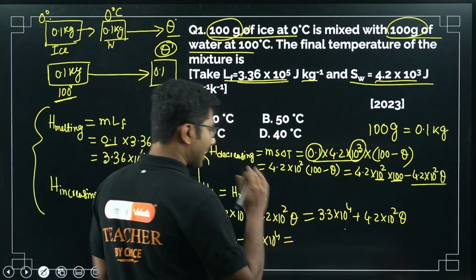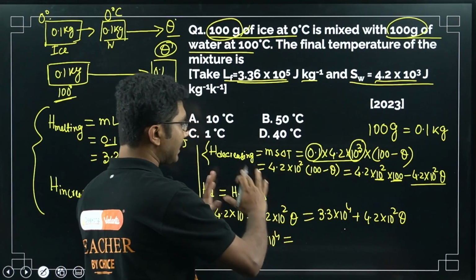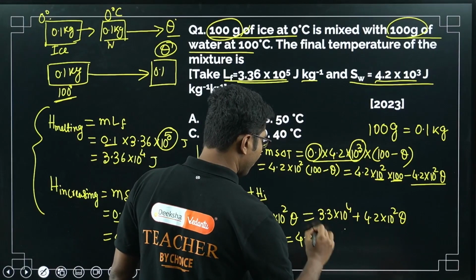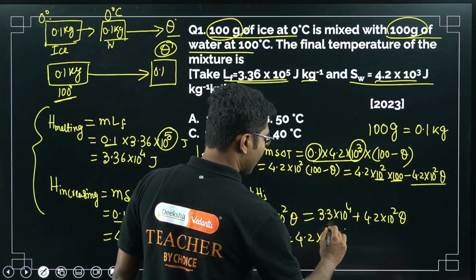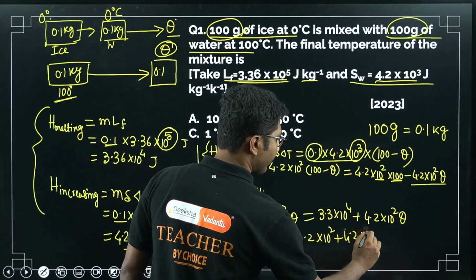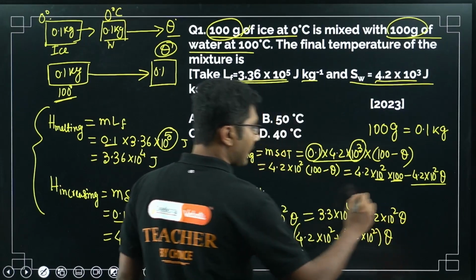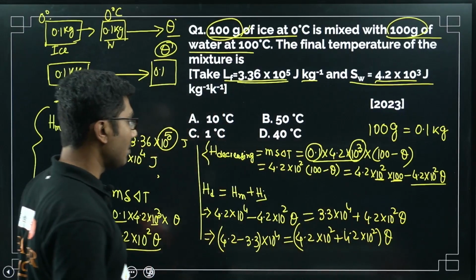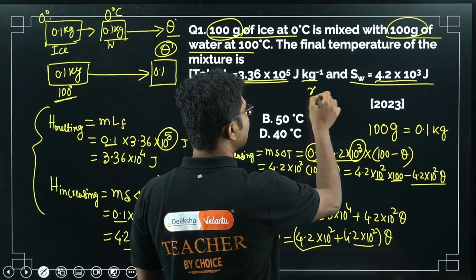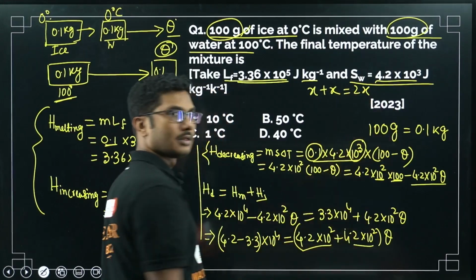And we have taken all the theta related terms to the other side. So this one was negative on this side. So if you take this on the other side, it will become positive. So 4.2 times 10 square plus 4.2 times 10 square whole times theta, right? Theta we have taken common. Now if you see that both of them are equal, so what is the value of x plus x? 2x, right?